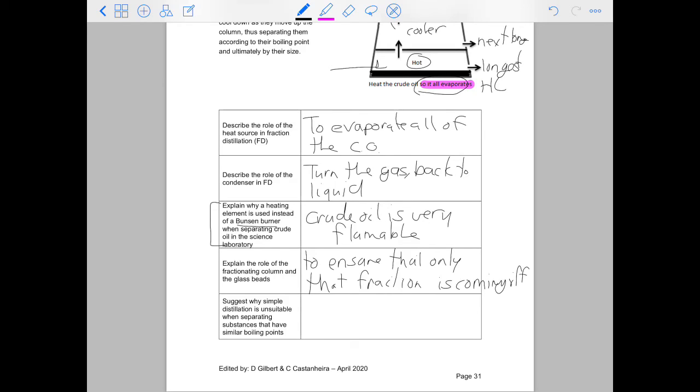So this is from the video, hopefully you've seen it from there, how that works and the importance of that. And why distillation is unsuitable for separating substances that have similar boiling points, because it's harder to distinguish, it's harder to control. And we'll still have some mixing.